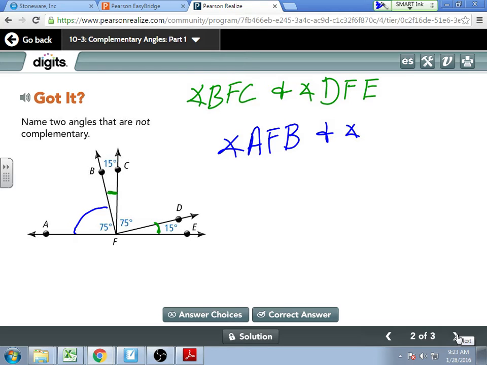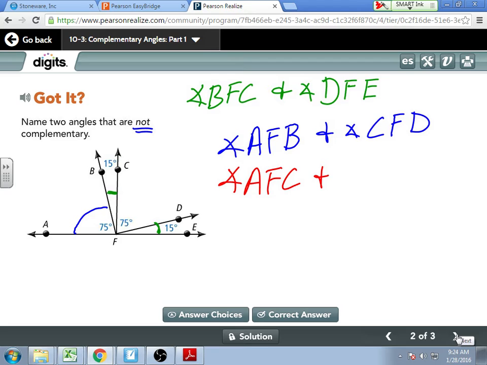You cannot choose a 15-degree angle. CFD or DFE. CFD, sure. Now here's the thing that I think some of you aren't yet realizing. Thomas? AFC. Yeah, thank you. AFC and any other angle.